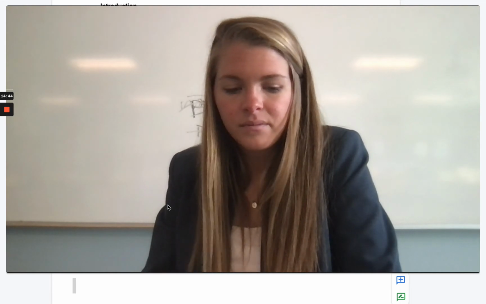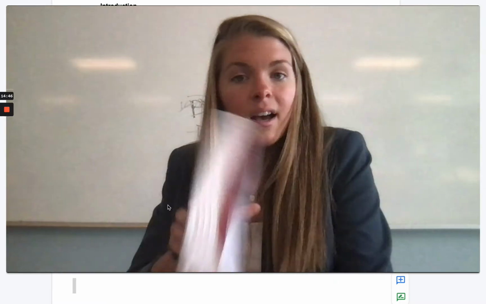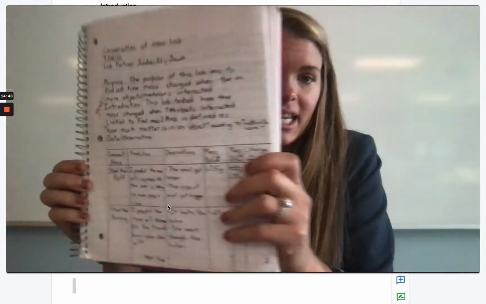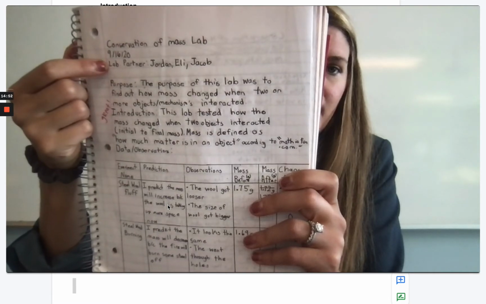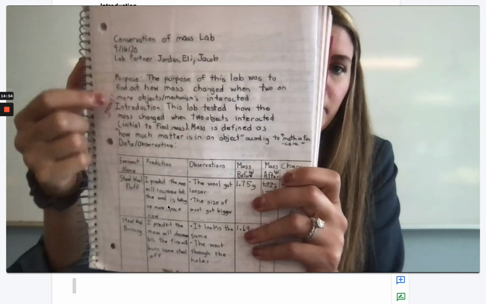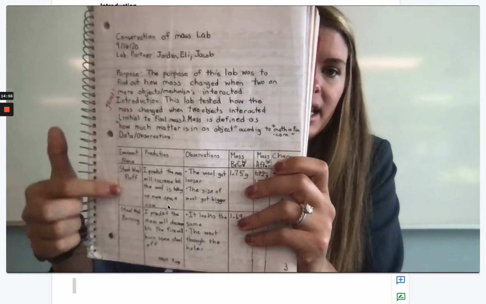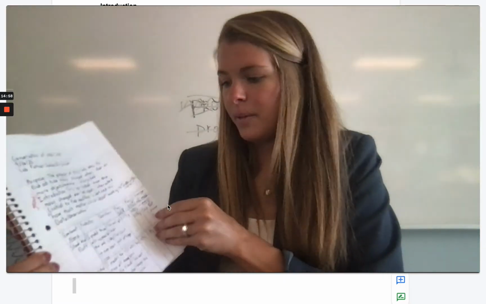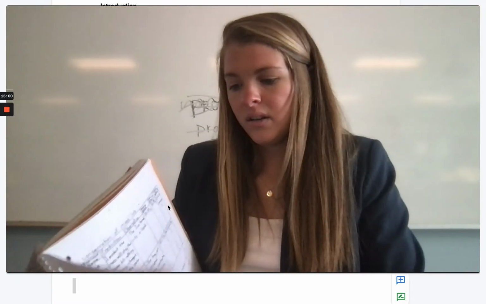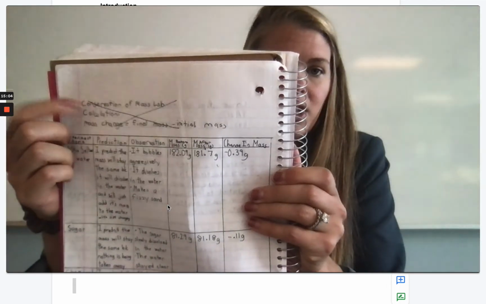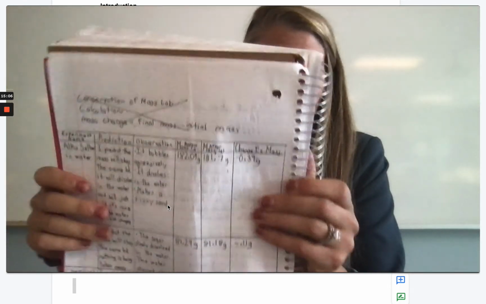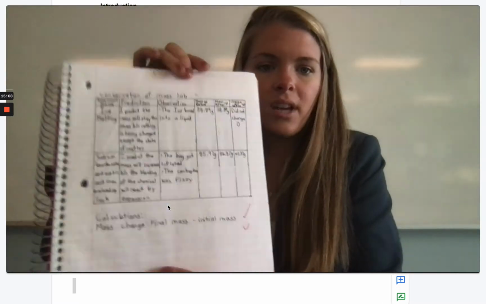So here's what a lab notebook looks like. Okay, so again, we have our title, our date, and our lab partners. We have our purpose and introduction listed, as well as our whole data table drawn out. Okay, notice here this student made a mistake, so they used that X to cross it out. They included their calculations.